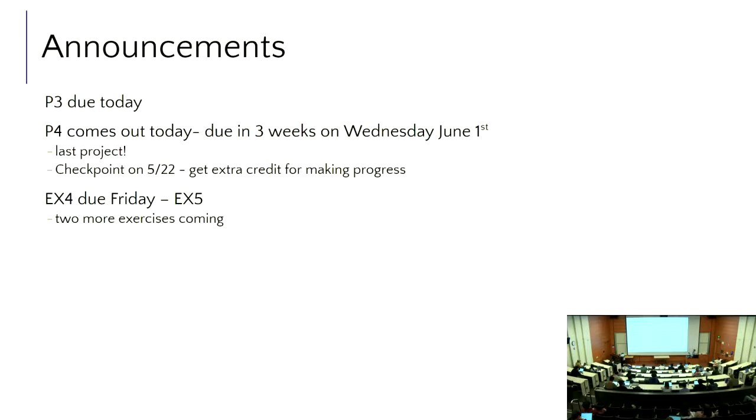With regards to Project 4, do we have enough material covered to get started on it? Oh, great question. After today, the answer is yes. Today's lecture is titled Disjoint Sets. Friday, we're going to finish up our conversation about disjoint sets.